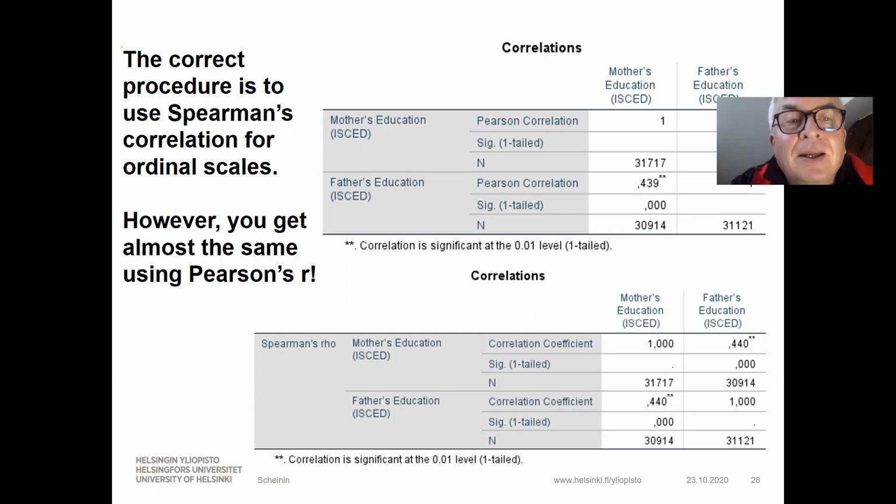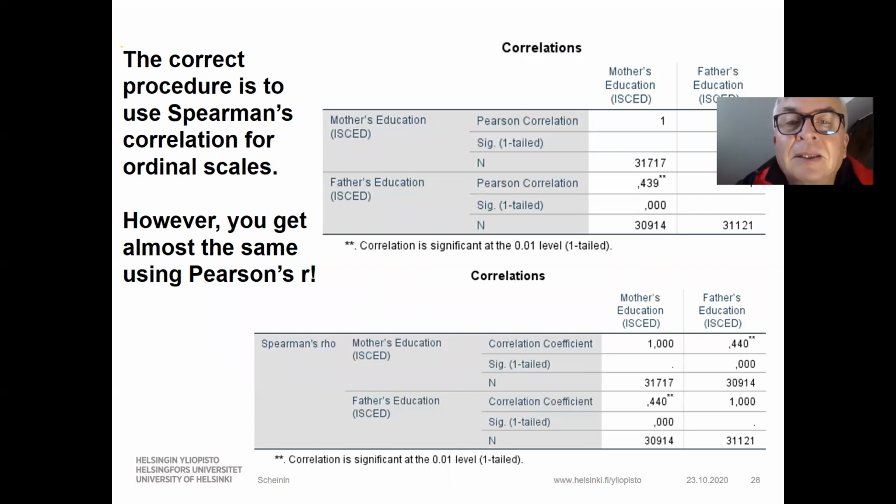Anyway, the real correlations we use would be different from the chi-square. In the case of correlations, we have the Pearson's correlation, which is a typical one, and then we have the Spearman's rho.